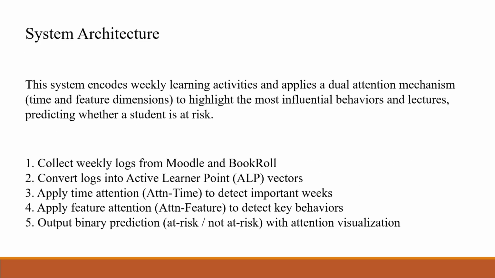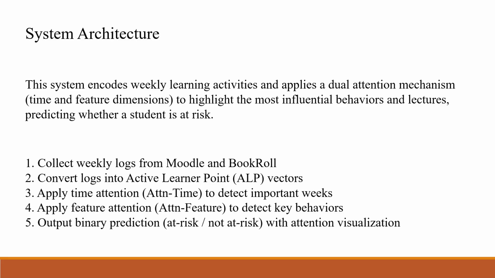The ATTEN-ANN model is designed to analyze weekly learning behaviors and identify at-risk students using a dual attention mechanism. It processes weekly activity data from platforms like Moodle and Bookroll, transforming these logs into active learner point vectors.